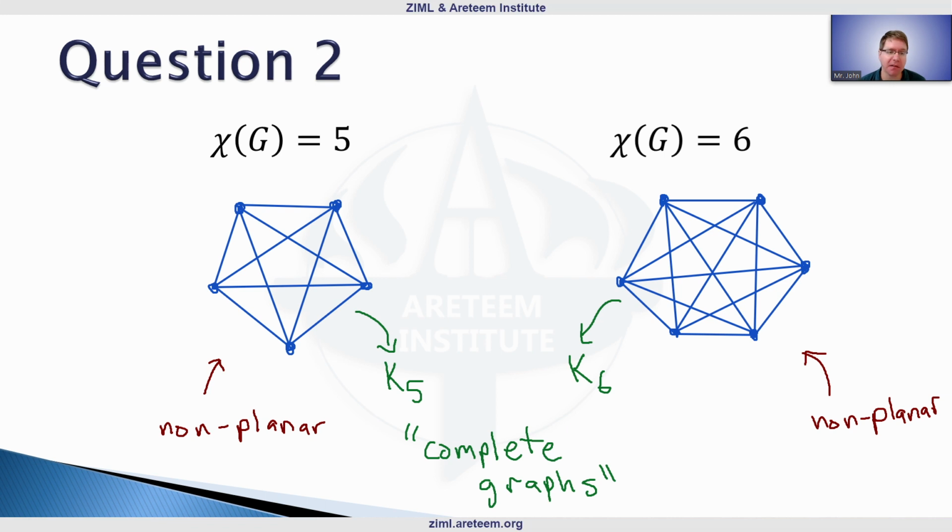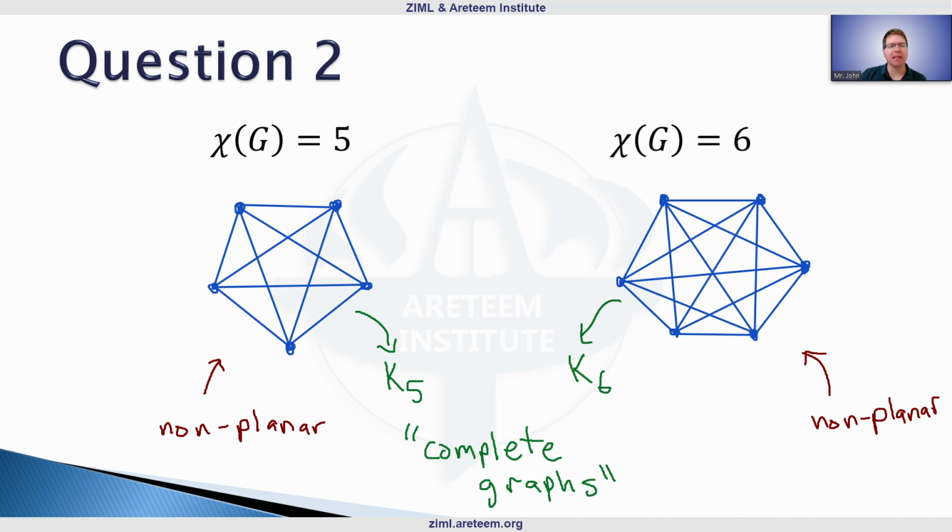You have your 5 vertices, and there is an edge between any 2 vertices. Same with the 6 vertices there. So these are called complete graphs in that scenario. So K5 is the first complete graph where we have this chi of g bigger than 4.